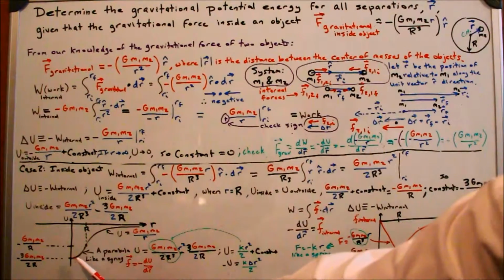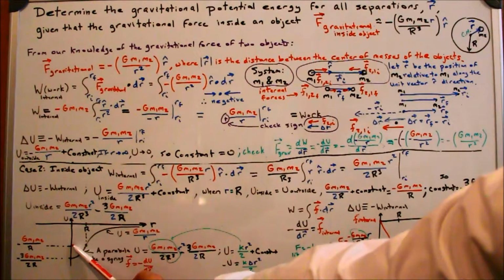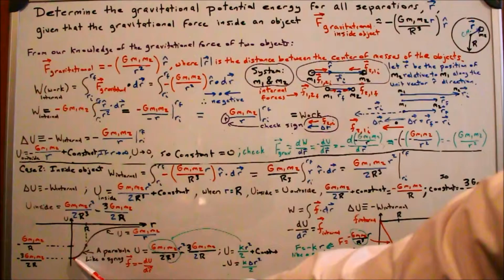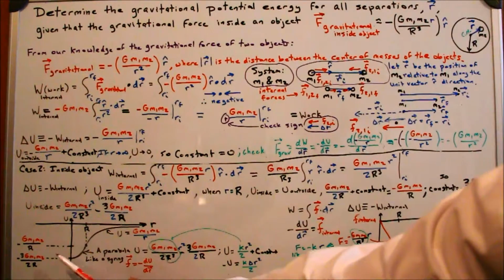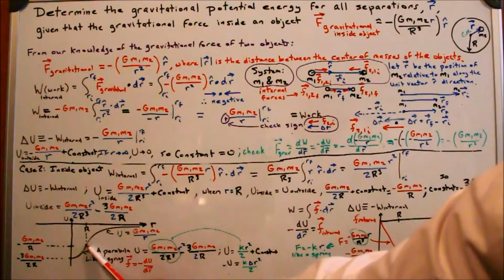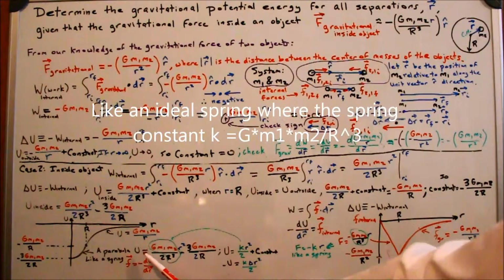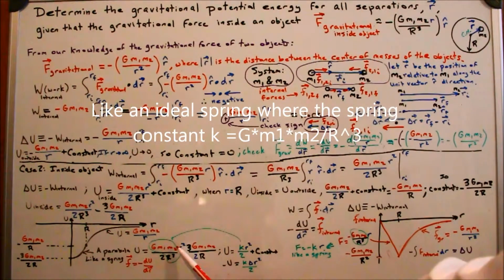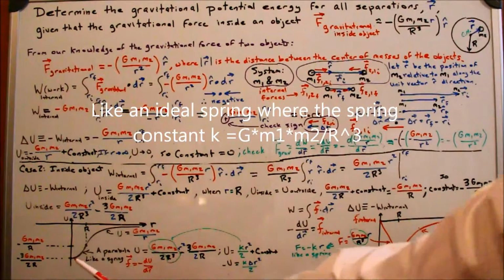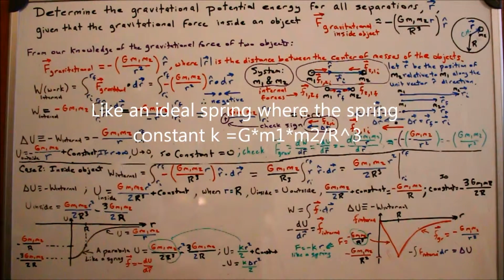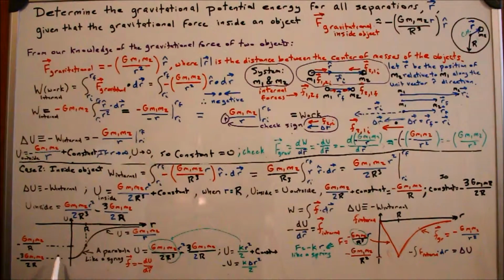So it's 1.5 times the value here at the surface. You can see this gravitational potential energy is a function of r squared, just like an ideal spring, so you get this form. If I went in the opposite direction, it would have the mirror image of this.